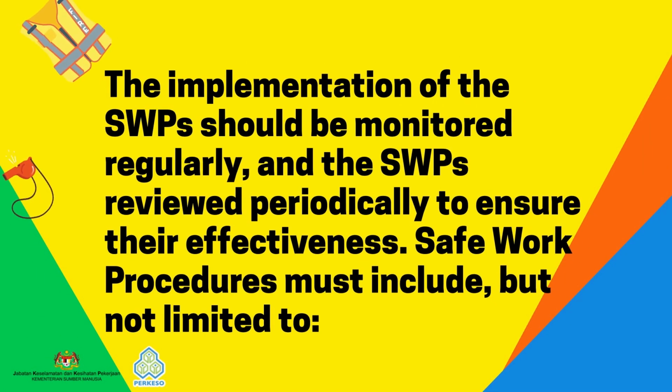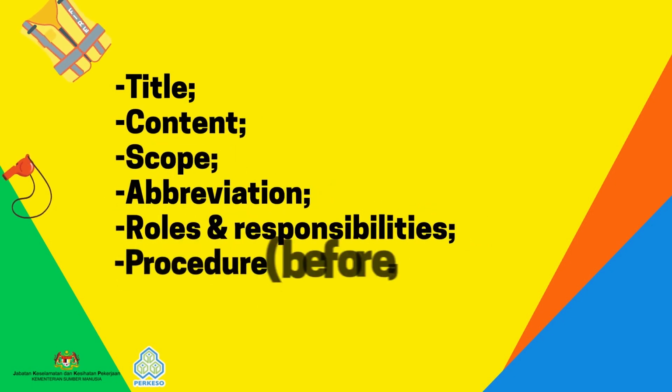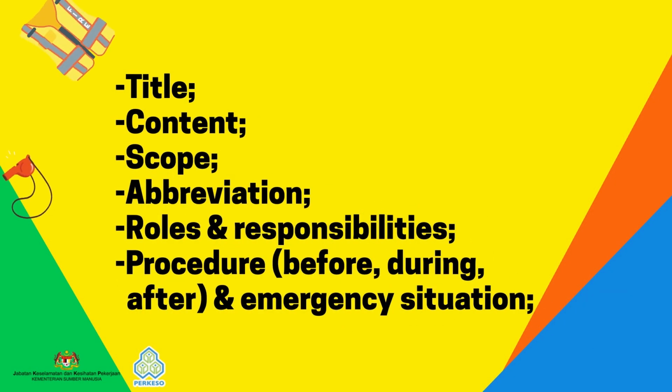The implementation of the SWPs should be monitored regularly, and the SWPs reviewed periodically to ensure their effectiveness. Safe work procedures must include, but are not limited to, title, content, scope, abbreviations, roles and responsibilities, procedure before, during, after, and emergency situation.